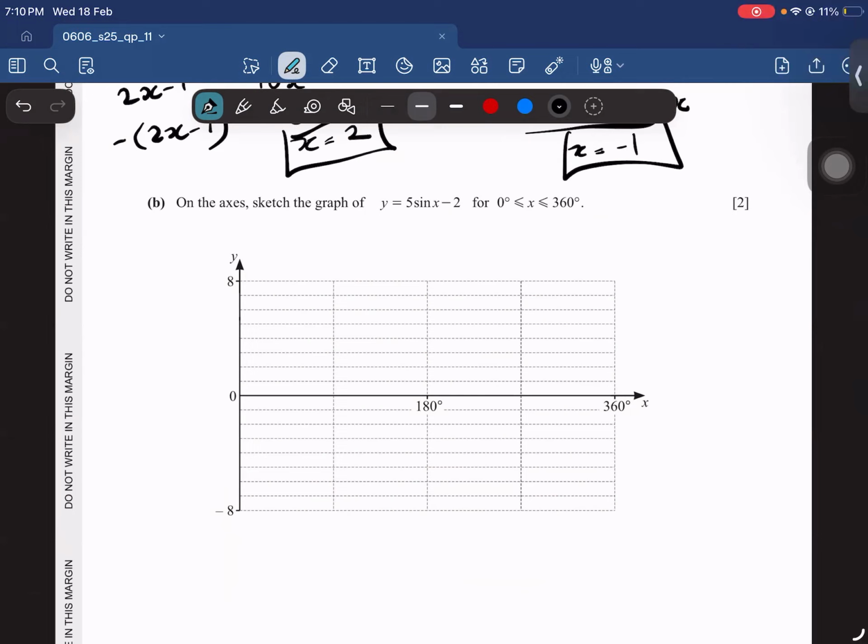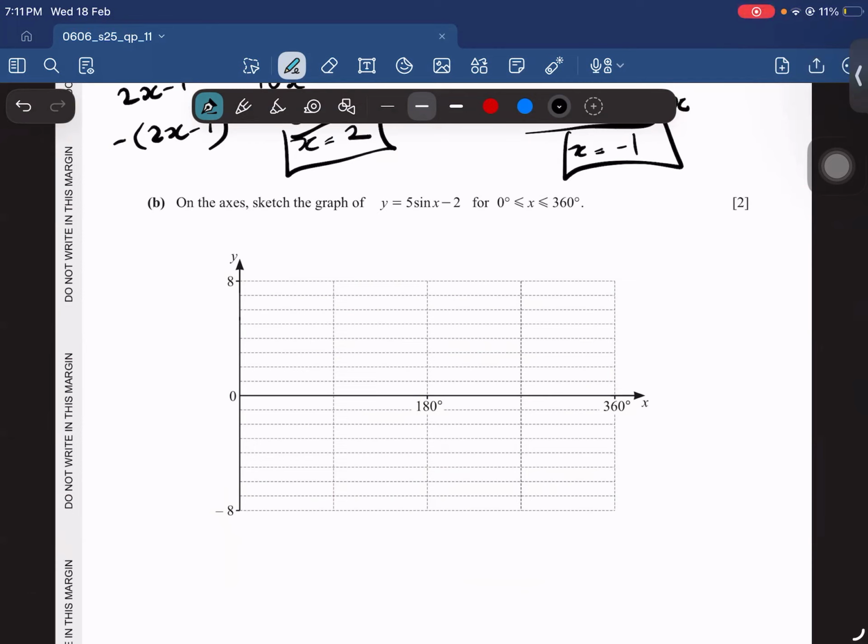So, again, no calculators, and I know that's hard, but for these types of questions, I would always recommend using a pencil first, because what you know about this is that you know what the basic sine graph looks like.